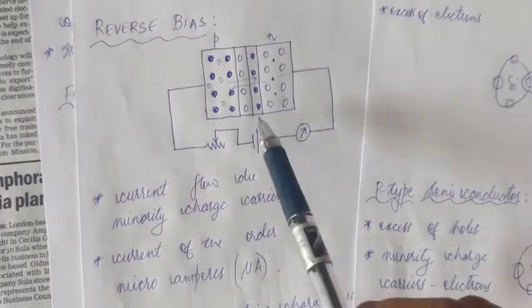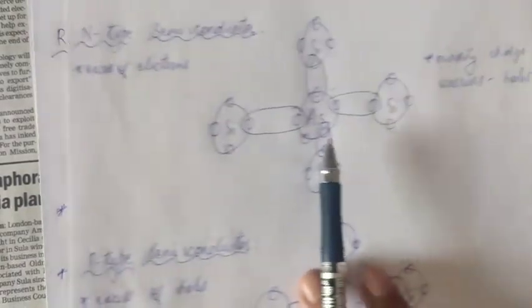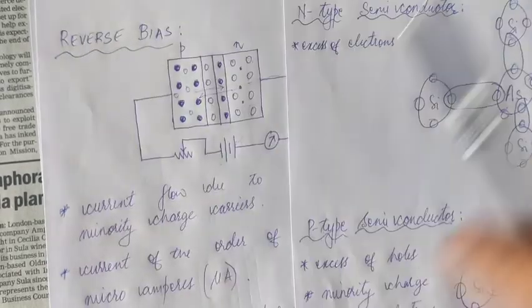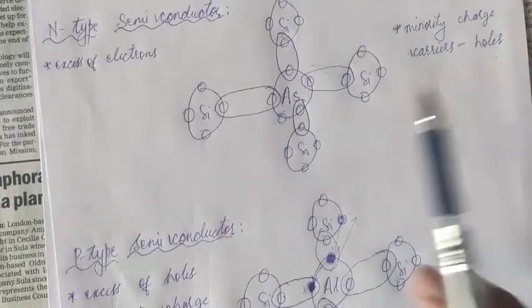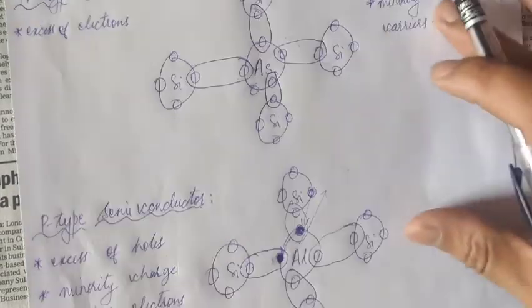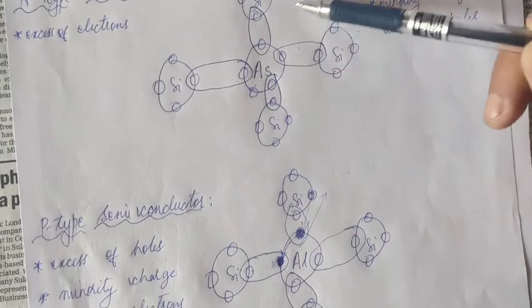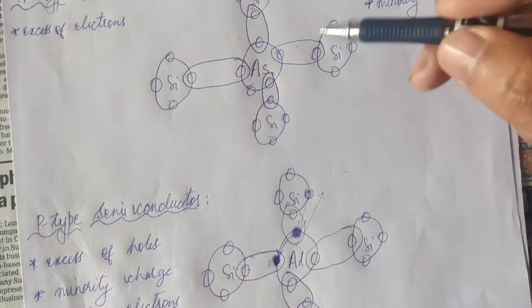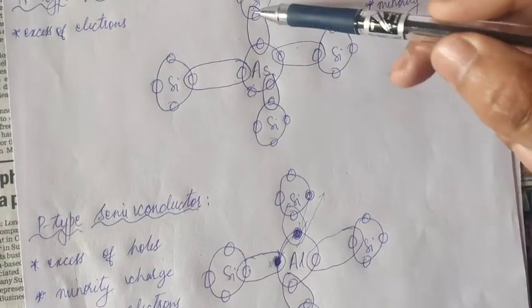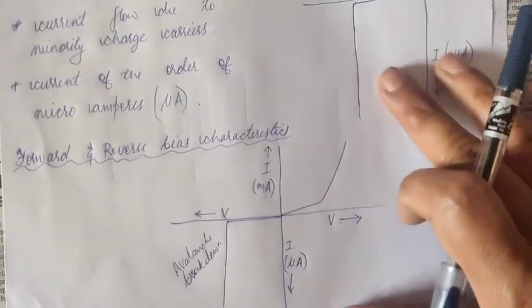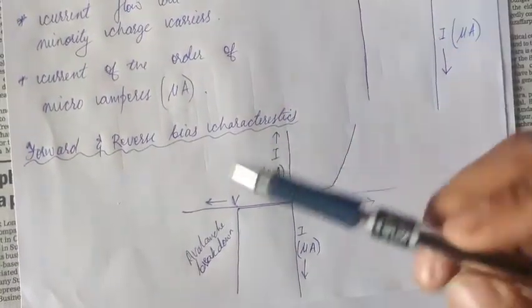When the covalent bonds are broken, be it P-type or N-type, lots of electrons are released and become free electrons. It is these free electrons that help in the passage of a huge amount of current, and thereby you have the avalanche breakdown.